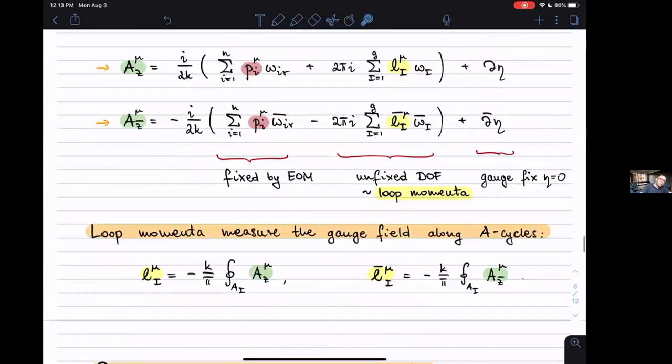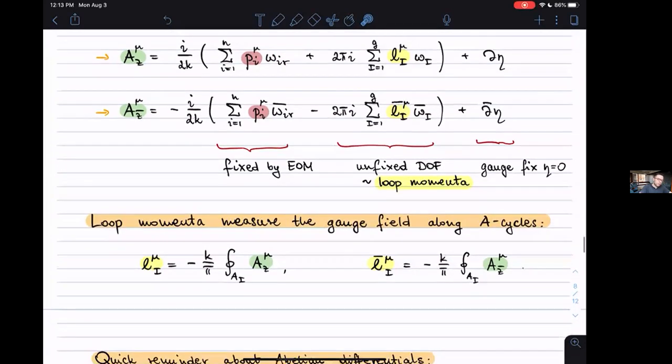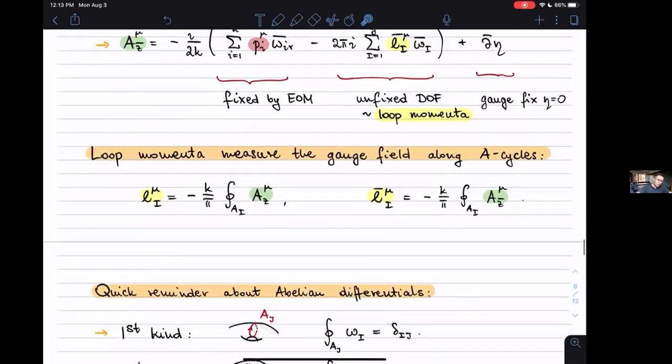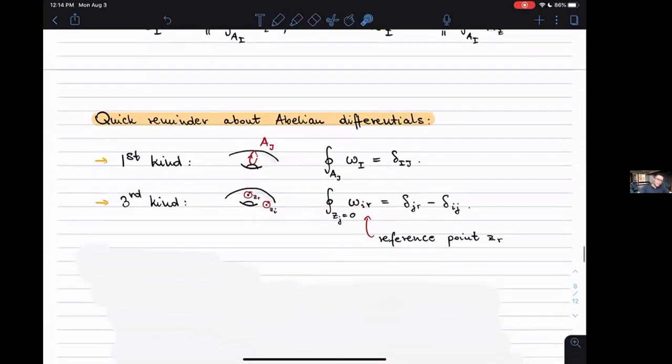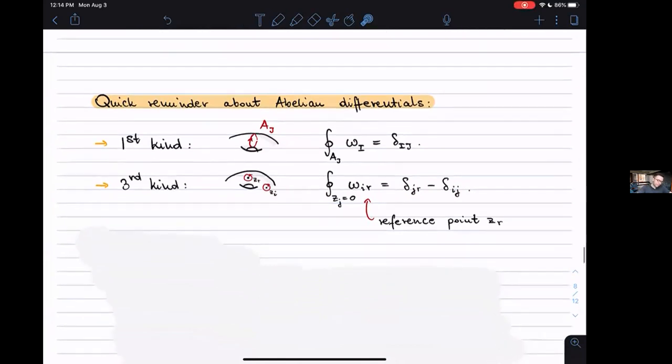And also we use these types of abelian differentials here, omega, which depended on 2 punctures. These are abelian differentials of the third kind, so they have singularity exactly at 2 points on a Riemann surface, in such a way that if you take a residue around some point j, it's equal to +1 if j was the puncture r, and -1 if it was the puncture i.